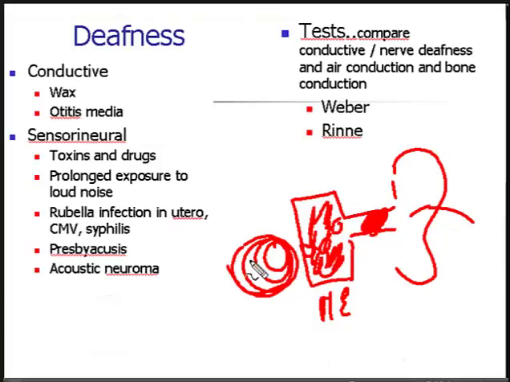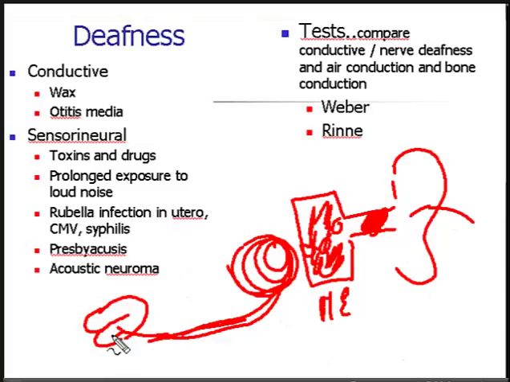In sensory neural deafness, in order for sound to finally be heard, it has to pass through this internal ear, through that nerve, which is the cochlear nerve, and then it has to go to the temporal lobe, which is this area. So in sensory neural deafness, toxins or drugs or prolonged exposure to loud noise damage that spiral organ of Corti, or infection with various viruses again damages the nerve.